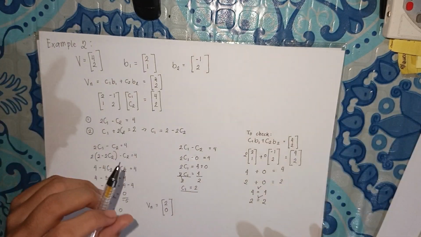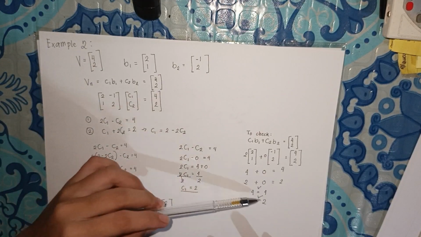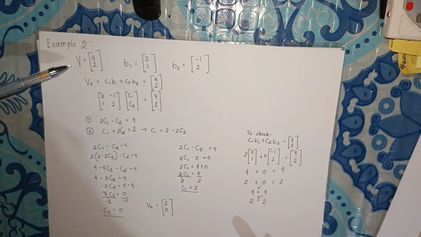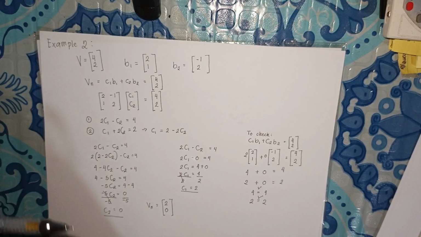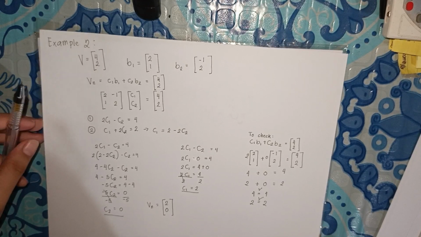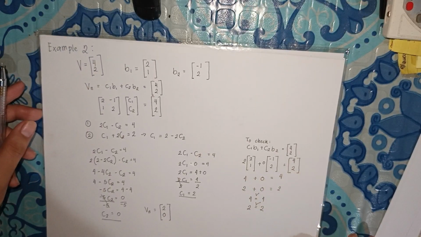So check also. So the result is equal to the given vector, which has elements 4 and 2. So our new vector is correct, and our scalars are also correct. Okay? Do you understand?